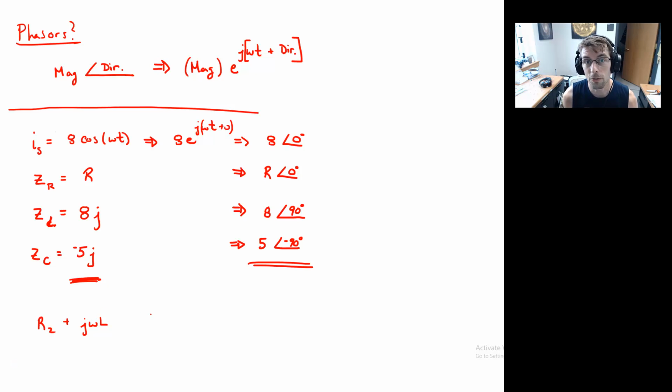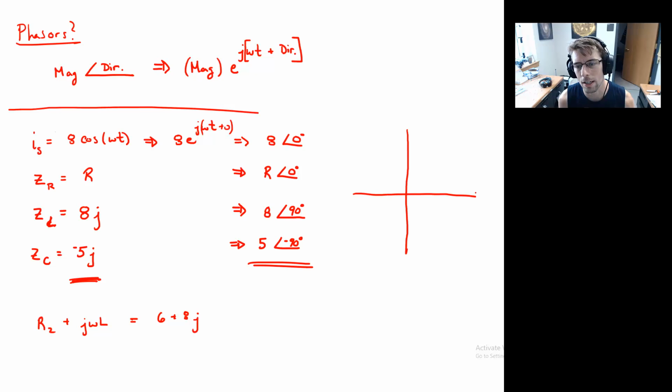If we wanted to do that one, this is equal to 6 plus 8j. So let's go ahead and get the phasor representation for that. This one, you're not going to be able to look at it and just know. You're going to have to plot it out, get our calculator out and figure it out.